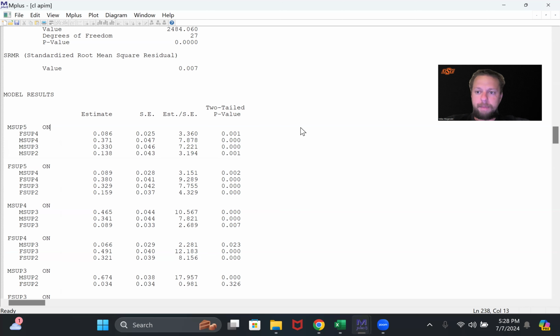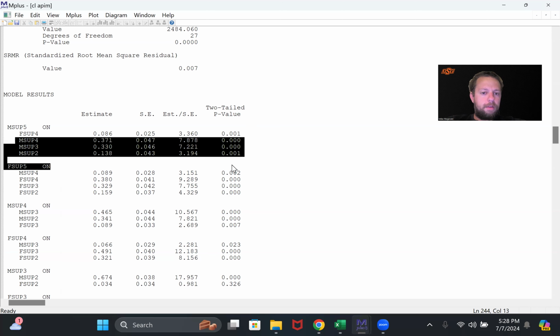And what tells me that model is going to be the best fit to the data is that all of these effects are significant. So there's something lingering from wave 2 predicting wave 5, wave 3 predicting wave 5, wave 4 predicting wave 5.